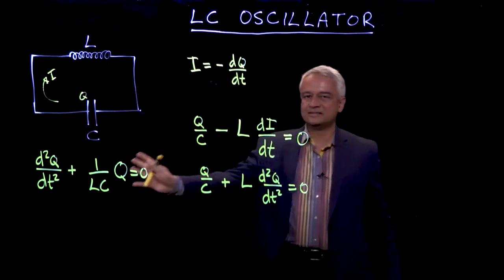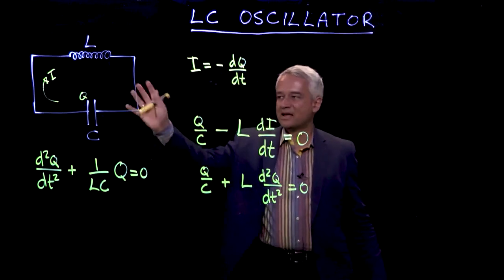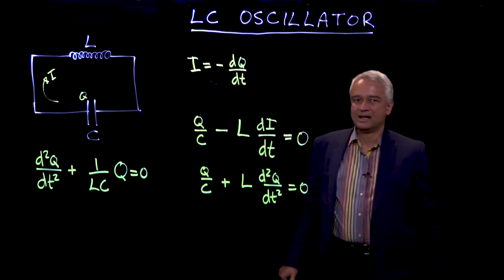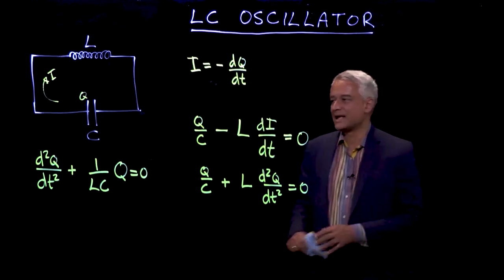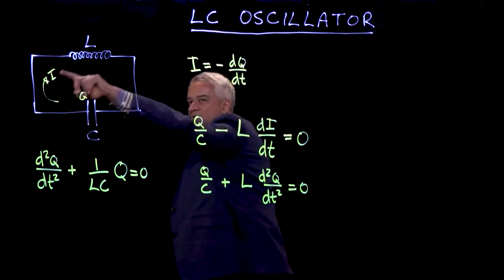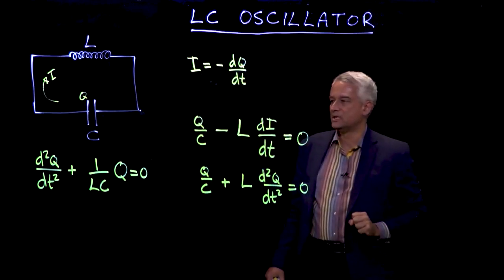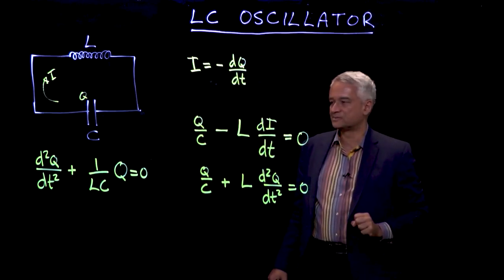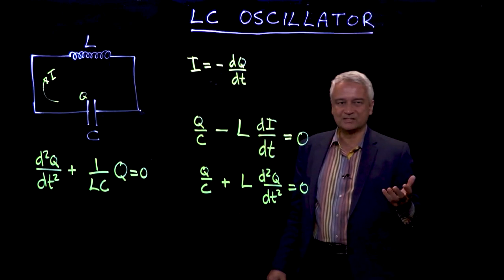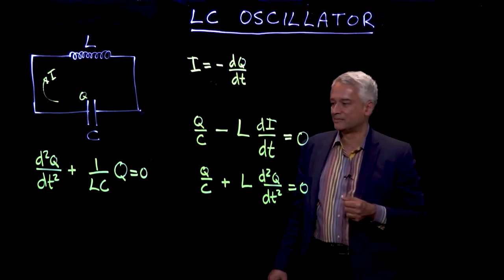So this is the F equals ma of my circuit. This is the differential equation that I get by doing the 802 analysis of walking around the circuit and keeping track of all changes to potential or electromotive force. And that turns out to be analogous to the F equals ma of my mechanical oscillator.